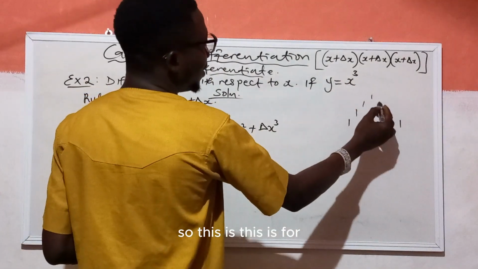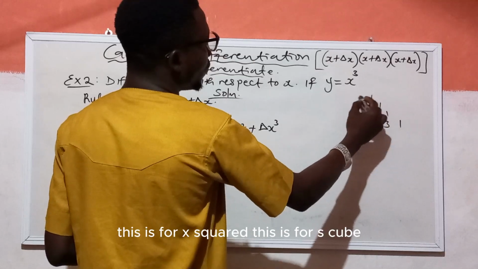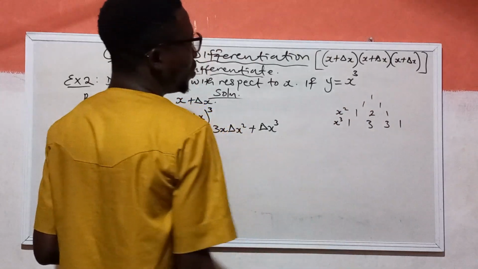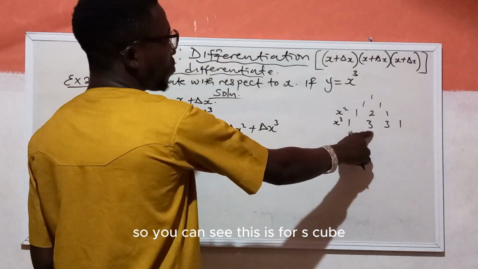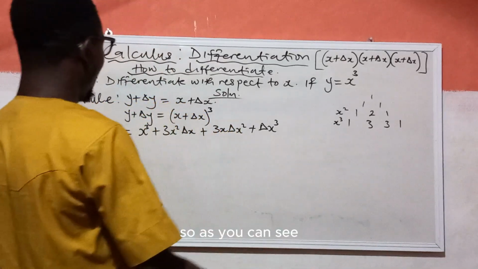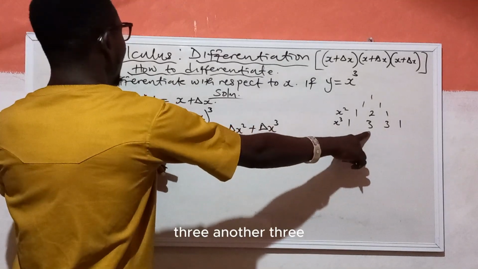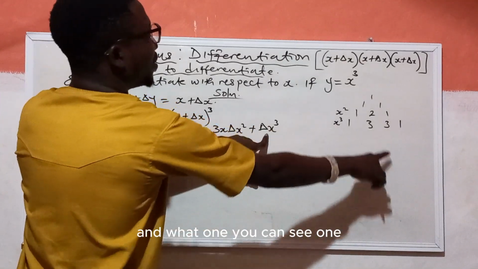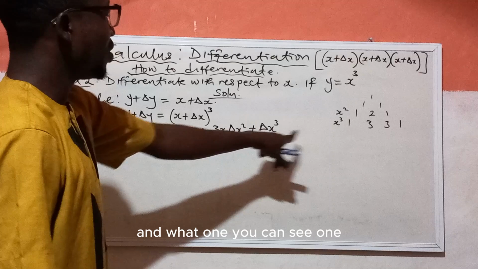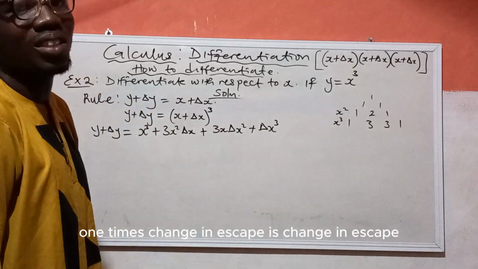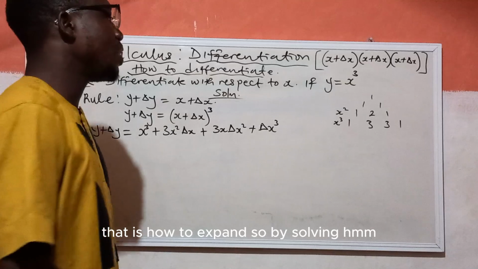This is for x squared, this is for x cubed. So as you can see for x cubed: 1, 3, 3, and 1. One times change in x cubed is change in x cubed. That is how to expand.